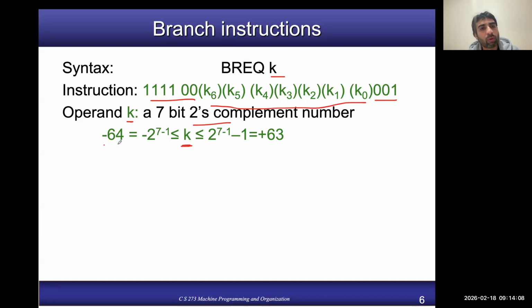Its value range will be -64 to +63, which means that if in your program you have this branch equal instruction, and you specify K, then K can be anything in the range of 63 instructions in the forward direction and 64 instructions in the backward direction. Okay.